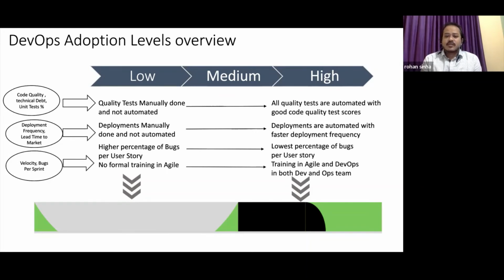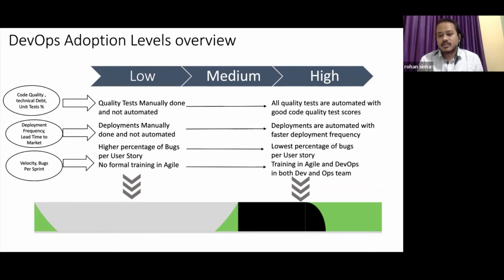Unit tests would ideally define whether the code is properly tested from the unit test perspective, so that no further choice is required to improve the code. Ideally, in this journey from a quality perspective, a high DevOps adoption level would mean that all the quality tests are automated already with tools like SonarQube or SonarCloud, and they would represent good quality scores as well.